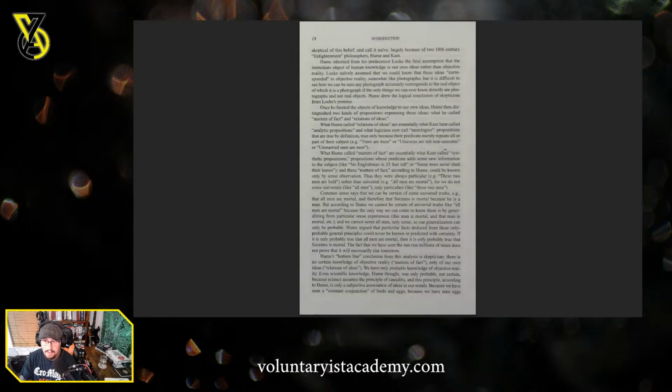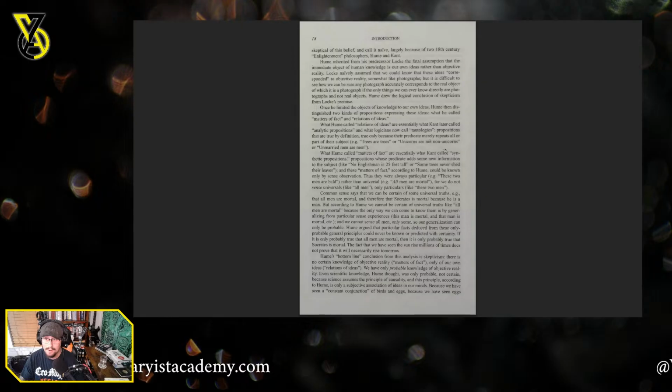But it is difficult to see how we can be sure any photograph accurately corresponds to the real object of which it is a photograph if the only things we can ever know directly are photographs and not real objects. Hume drew the logical conclusion of skepticism from Locke's premise.